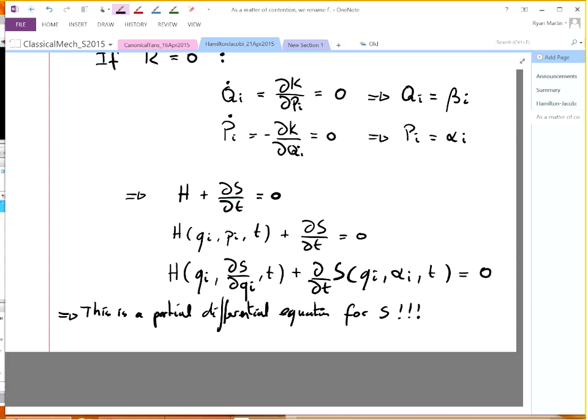And that's sort of what the promise was. The promise was that we're going to get very simple equations of motion, and they're right there in front of you right now: capital Qi is equal to a constant beta i, and capital Pi is equal to a constant alpha i. Those constants alpha and beta are just given by the initial conditions. You put the system in a certain state, then you measure Q and P, and they stay constant.